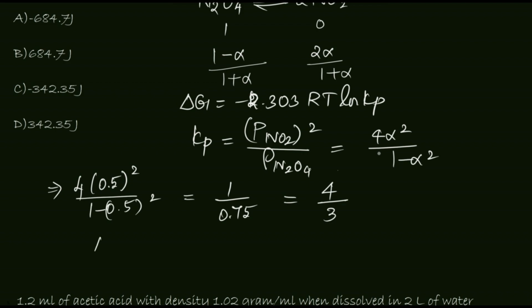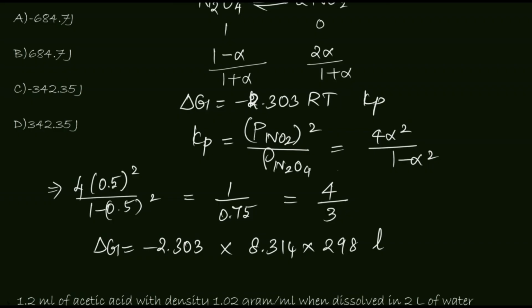But they are asking for delta G. So minus 2.303 into 8.314 into the temperature given, 298, into log of 4 by 3. You can take either ln or log; if you are taking log, put 2.303.